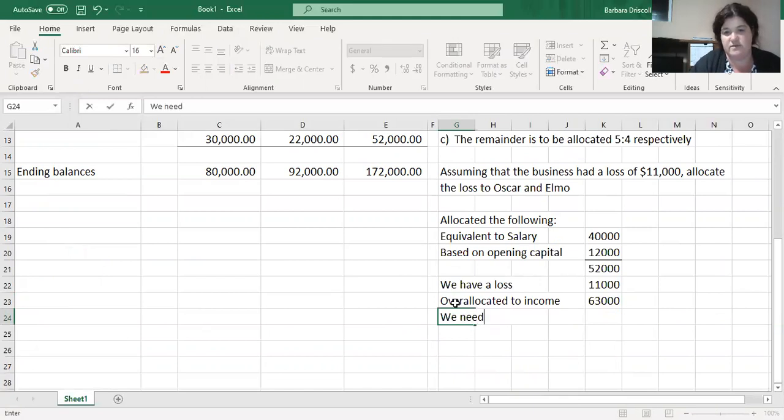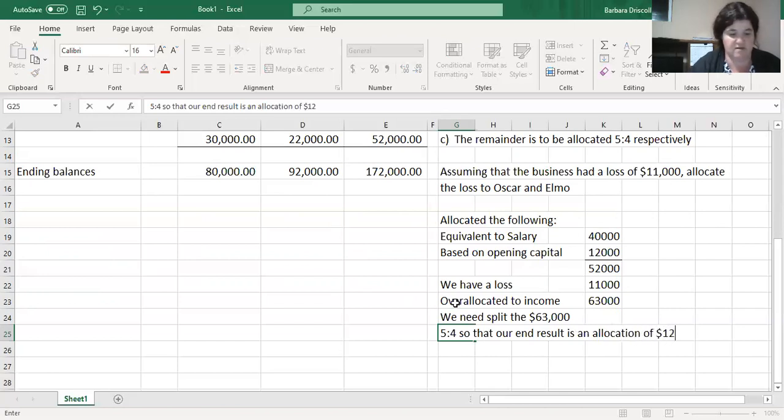We need to split the $63,000 5 to 4 so that our end result is an allocation of $11,000 loss.